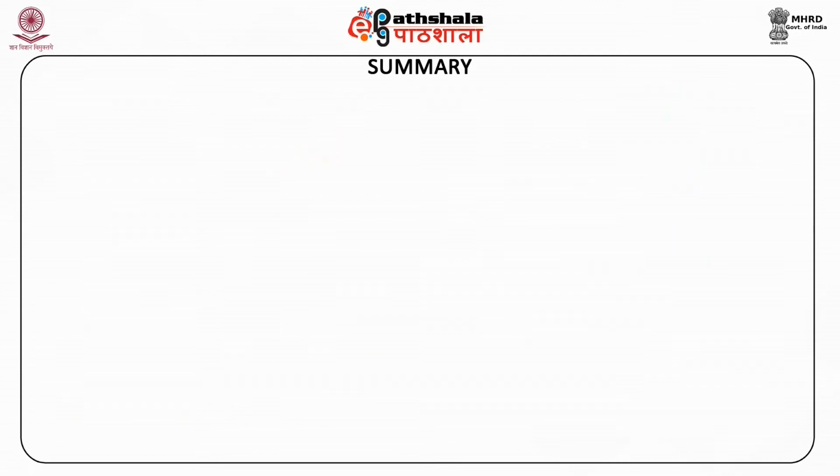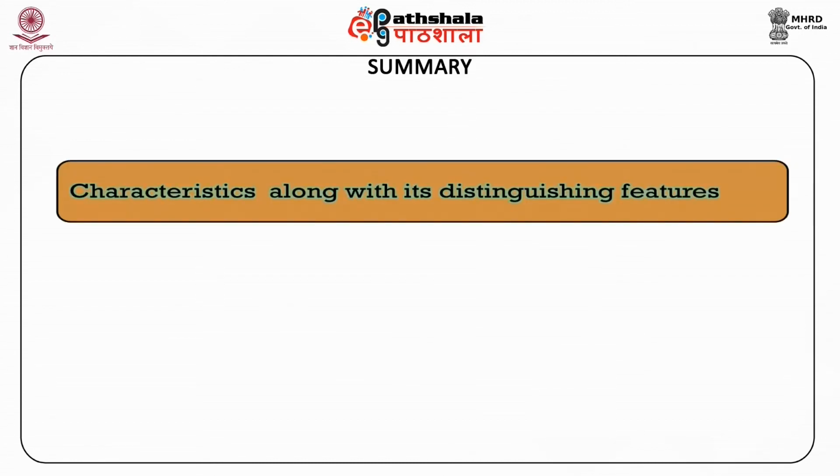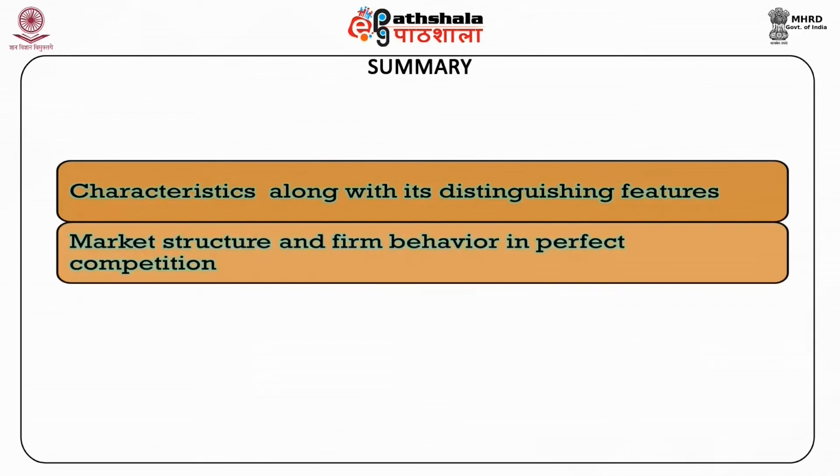This module would have helped you in understanding the concept of perfect competition and its various characteristics. We have learned about the structure of the market in case of perfect competition as well as the behavior of firms in this market. This helps in distinguishing perfect competition from other market structures.